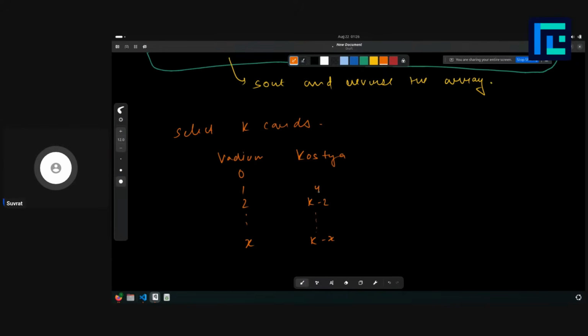Somewhere here y will come, and from there we can choose. So basically these are all the possible combinations that we can choose, right?